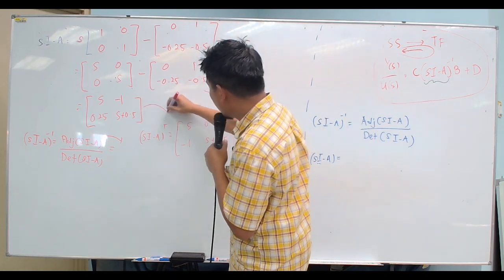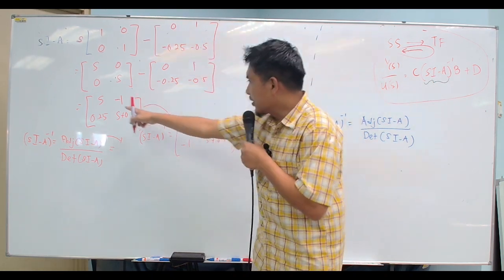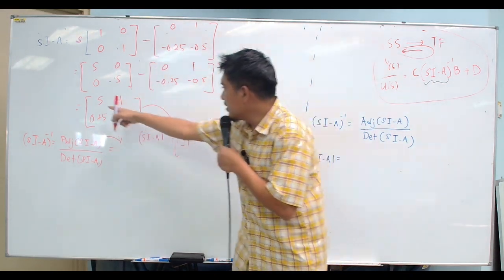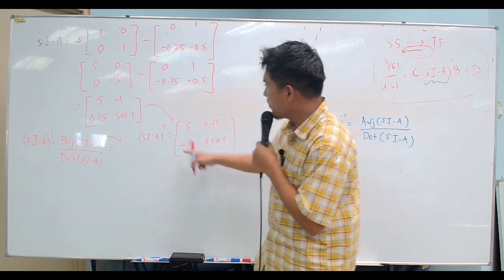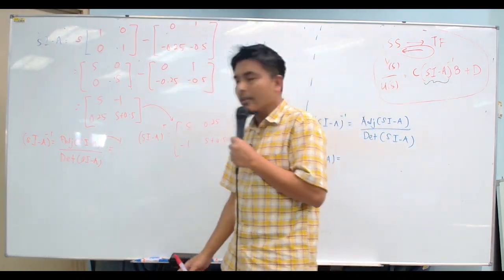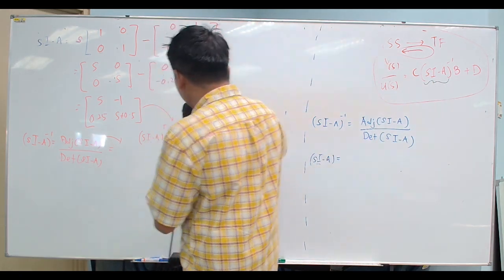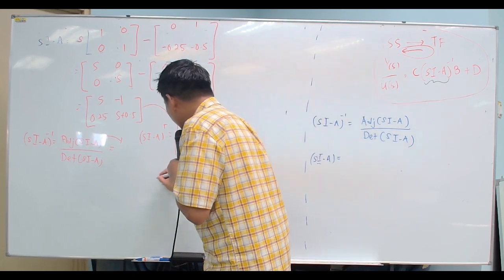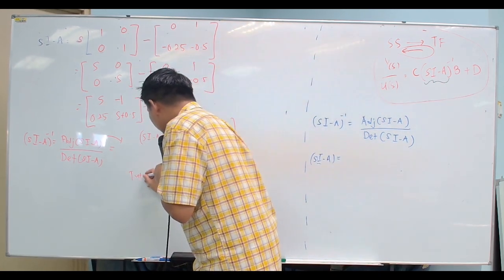So from here, you transpose: the row becomes the column. The first row becomes the first column, the second row becomes the second column. Transpose. And then after that, you need to tutup, close. The second T is tutup.